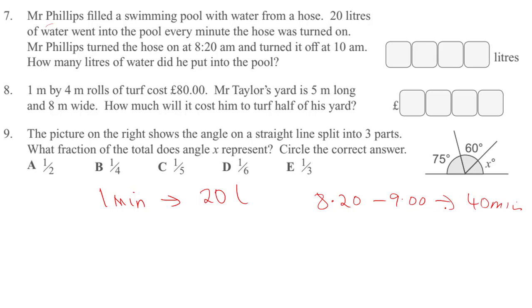From 8:20 to 9 o'clock is 40 minutes. And then from 9 o'clock to 10 o'clock is 60 minutes. So altogether, the hose has been turned on for 100 minutes.